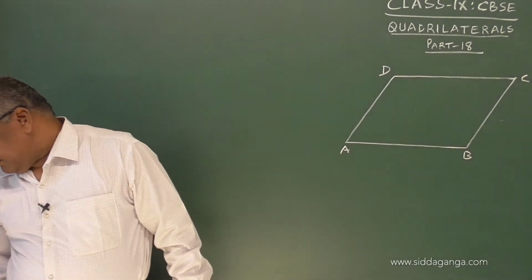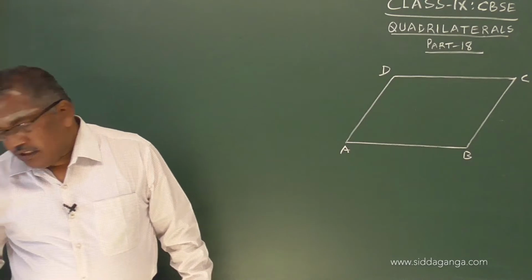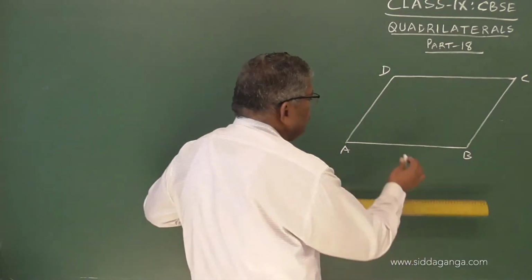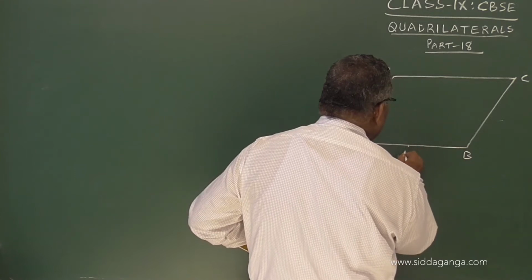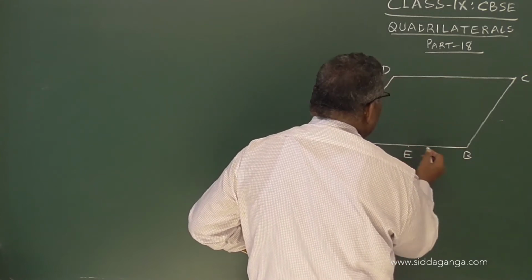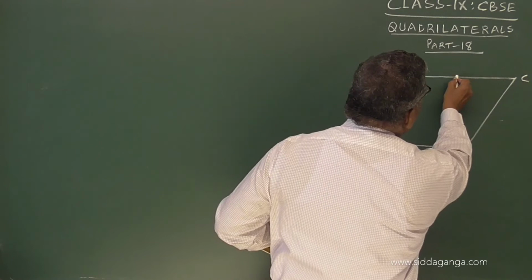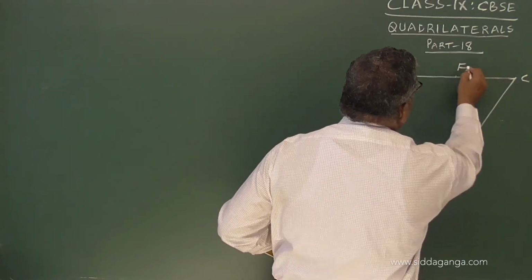He says E and F are midpoints of, say this is E, midpoint of AB, F is midpoint of DC.